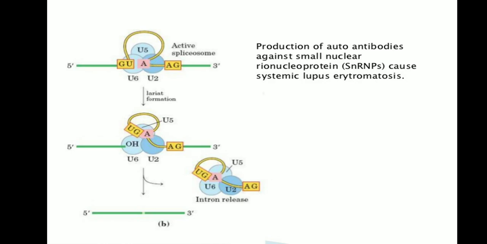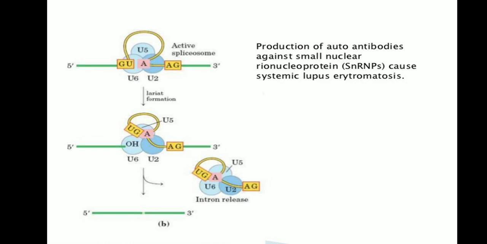Okay, then this B1 complex will convert into the B2 complex with the U1 being released. Okay, U5 shifts and U6 binds at the 5 prime splice site, and then the C1 complex will form by the U4 release and the 5 prime splice site cleaved, with the lariat form.